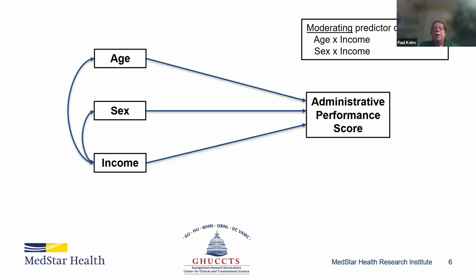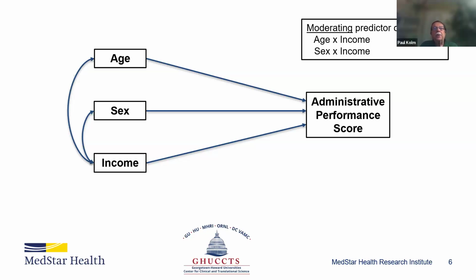This is basically the idea of an interaction in analysis of variance or in regression, where the outcome is not the same at all levels of the covariates. So there might be a difference in score related to income between males and females, and then also a difference related to age.